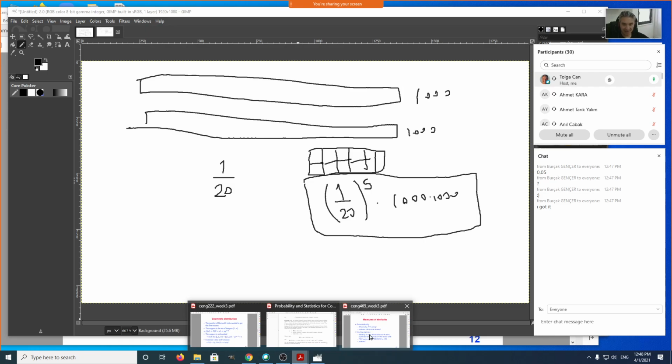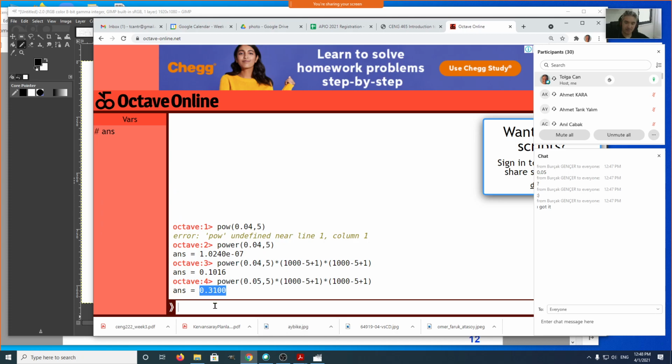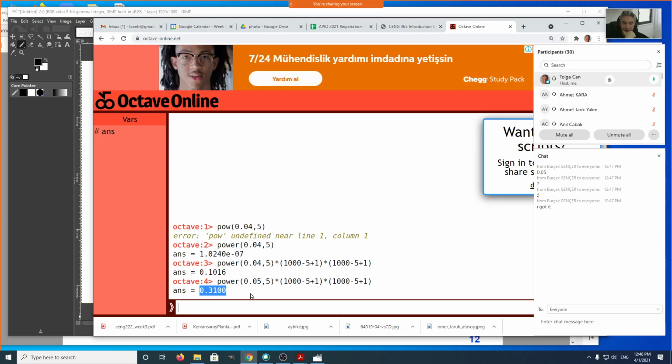It may not be that different from random, because 0.3 is still not very close to 0. It's a large number. So between two random amino acid sequences of 1000, this is the expected value of matching runs of length 5.